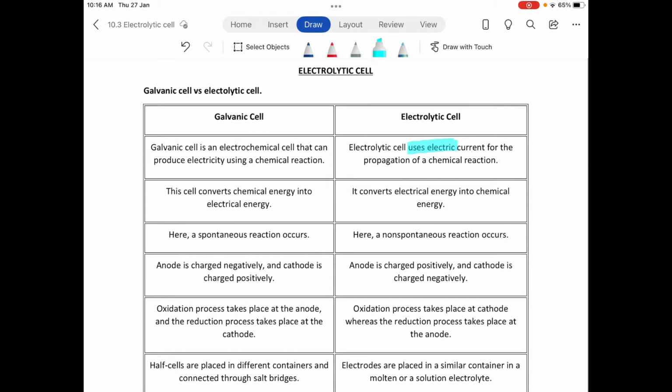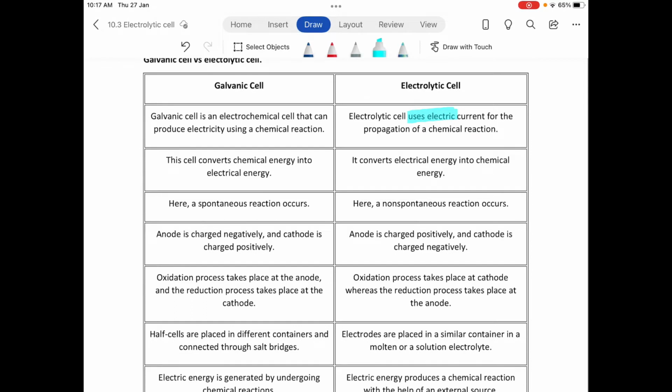Like I have mentioned earlier, for galvanic cell, we don't need any battery, but the reaction will produce electrical energy because the electrons will be transferred through the wire, so it will generate electricity. While for electrolytic cell, the chemical reaction cannot happen without a battery. So it converts electrical energy into chemical reaction.